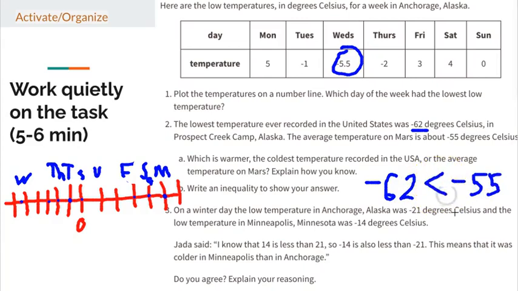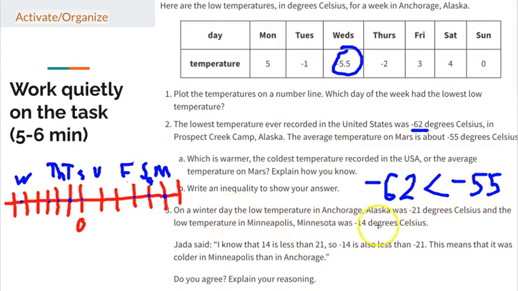Yeah, a less than symbol. Why? Because this is actually colder than this. This is a smaller value, or this is further down to the left than the -55 is.